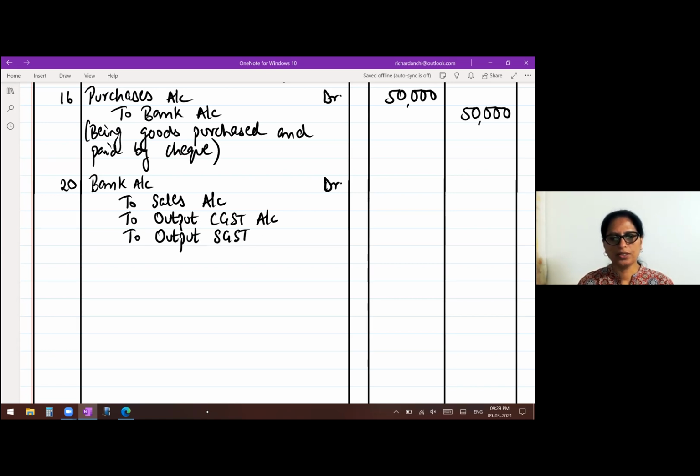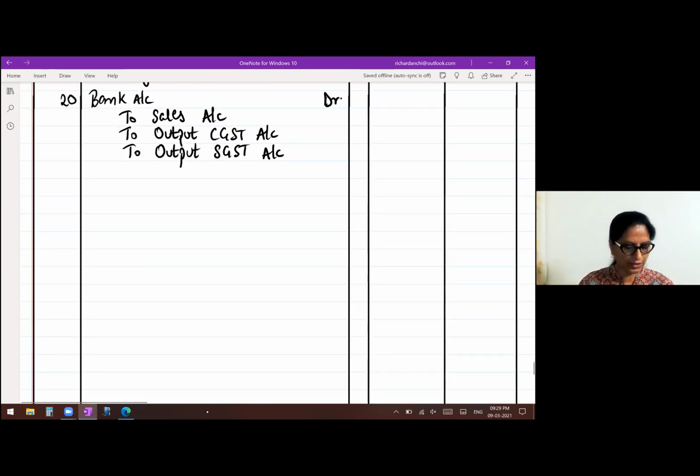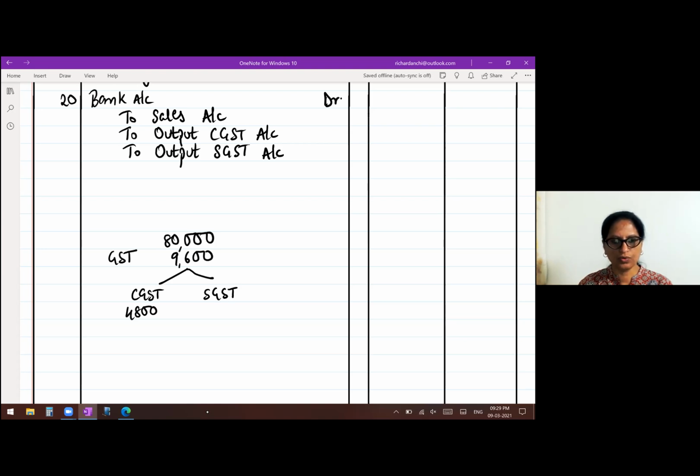For purchases, it is input. For sales, it is output. Now take the amount. It is 80,000, 12% GST. So that comes to 9,600. So this will be divided. It's 4,800 CGST, 4,800 SGST.